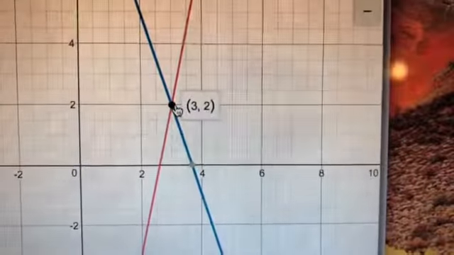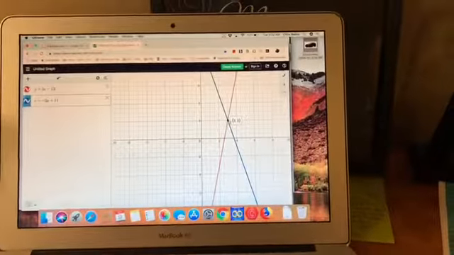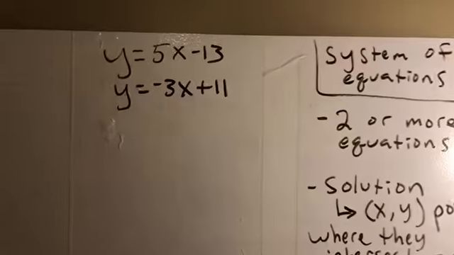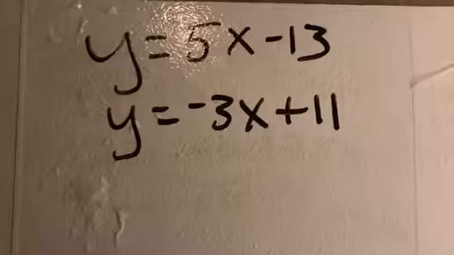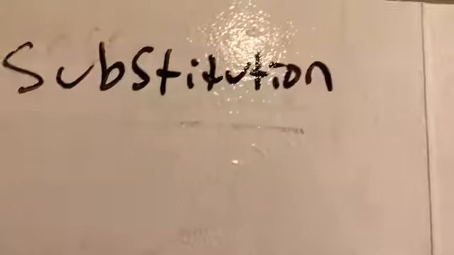So I know my answer is 3, 2, but we have to figure out as good mathematicians, not only how to use the graph, but how to get there by hand. So the way we can do this first is something called substitution.